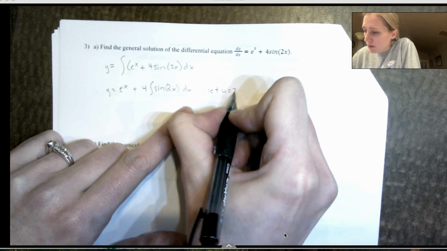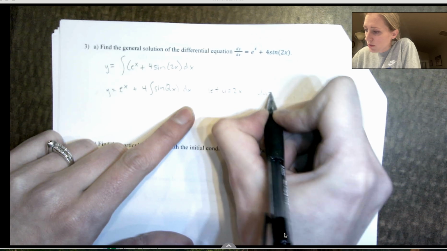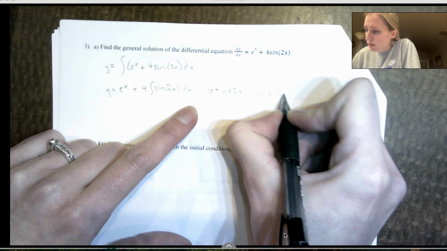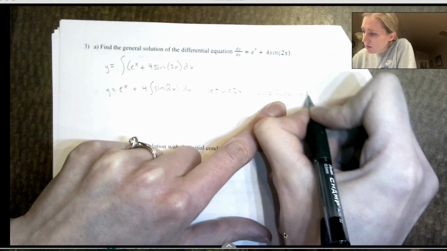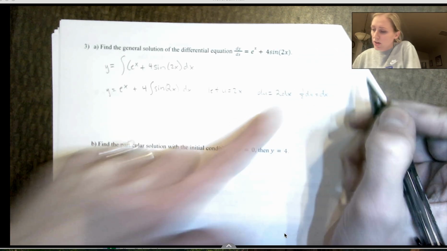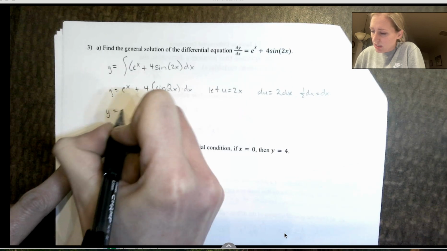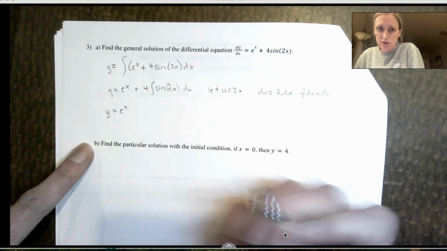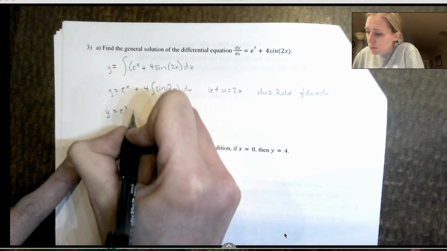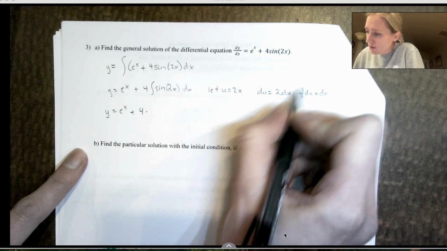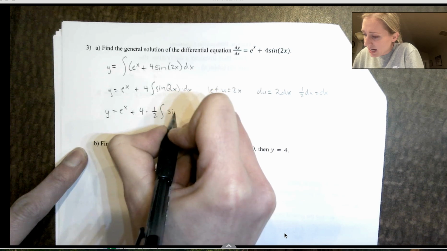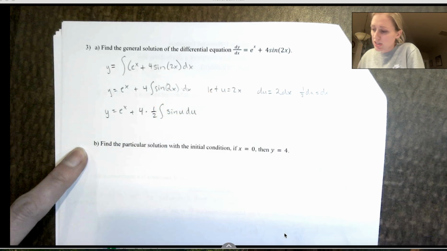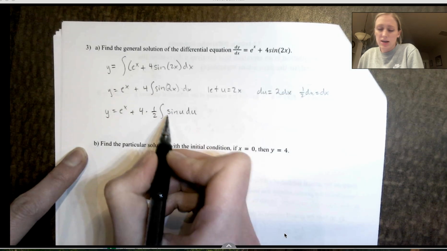Let u equal 2x. So then du is 2 dx, or 1/2 du equals dx. So then we have y equals e to the x. We already know the antiderivative of e to the x is itself, plus 4. We can pull out that 1/2 sine of u du. Okay.